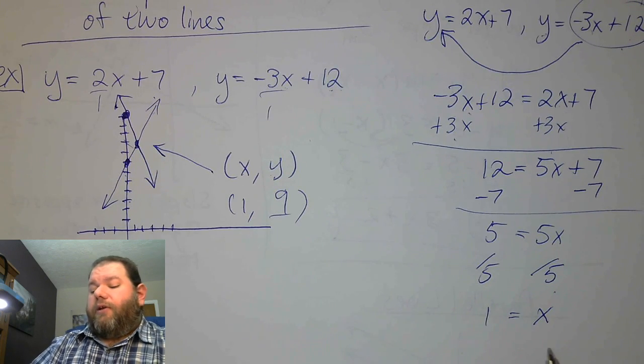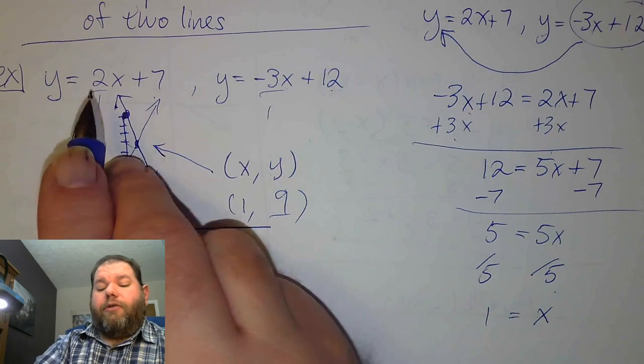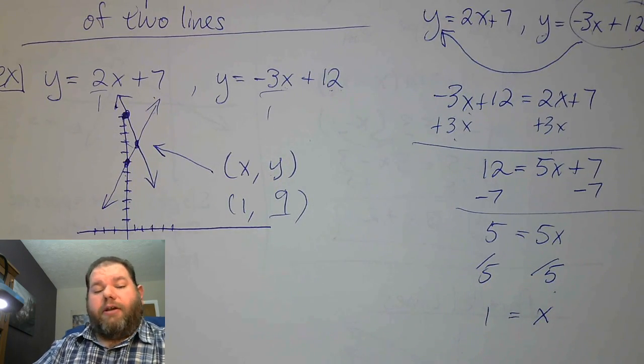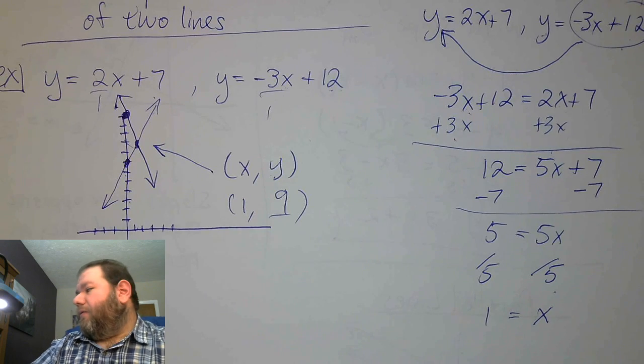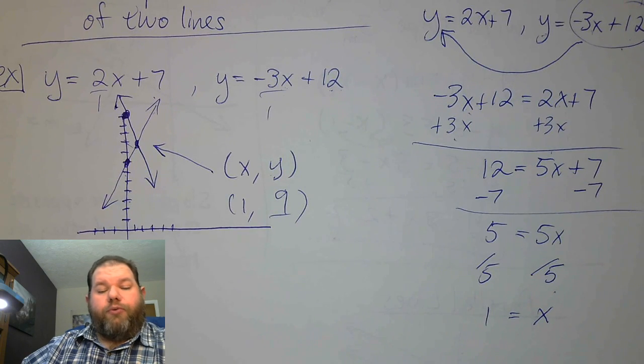So if we discover that they have x equals 1 in common, then both equations should give us the same answer for y. So we really only need to pick one to plug it into, generally the one that looks easier to work with. So we can say that these two equations intersect at the point 1, 9.